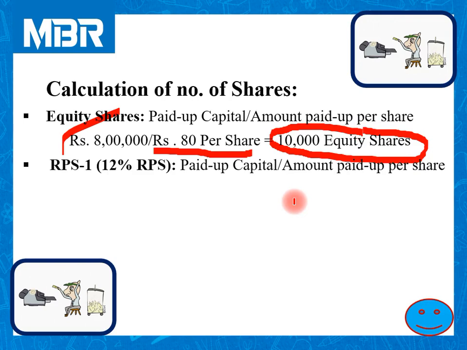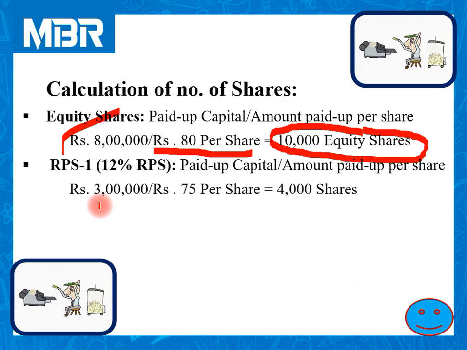In the same way, calculate 12% RPS. I have given number 1 for my reference, so that it is very easy for me to identify both types of preference shares separately. 3 lakhs rupees is given by the examiner as paid up capital, and paid up amount is rupees 75 per share. 3 lakhs divided by 75.